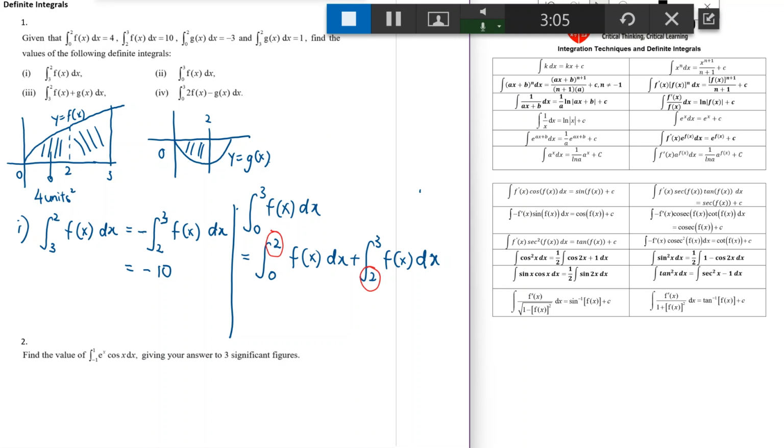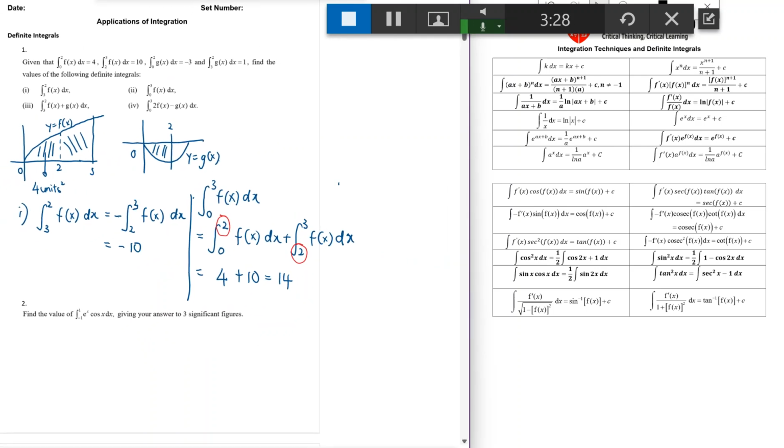You want to go from Jurong East, let's say, to Dhoby Ghaut. You need to go to City Hall first, and at City Hall you cross the platform to change to Dhoby Ghaut. Then we can just input the values that we have. This is 4 plus the integral from 2 to 3, which is 10, equals 14. Okay, so these are just some basic definite integrals that you have to know.